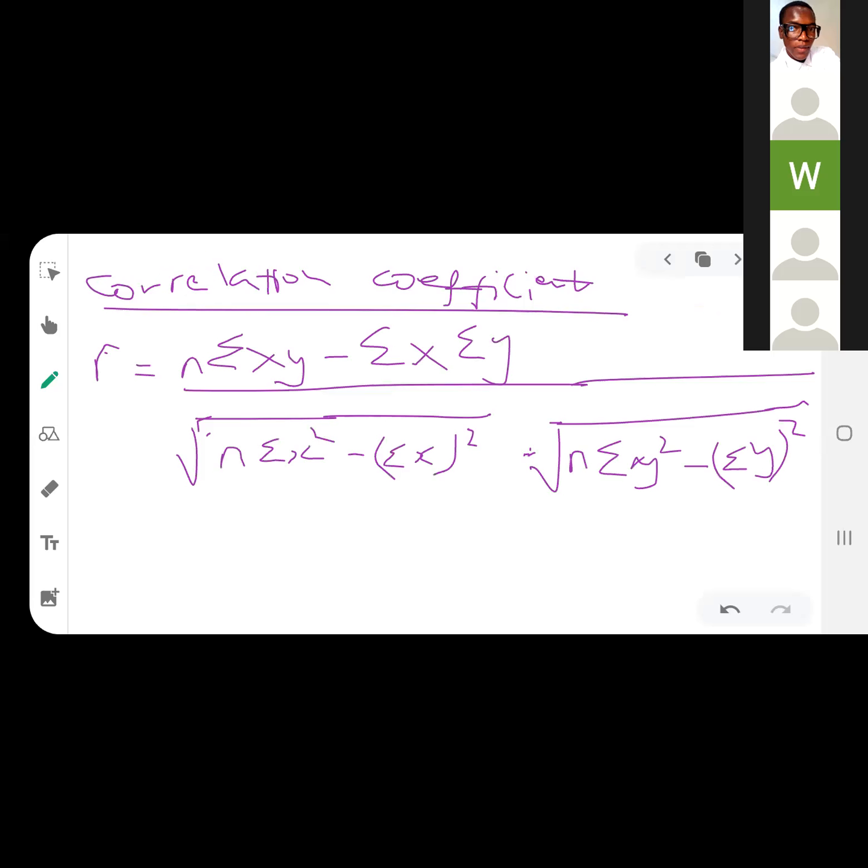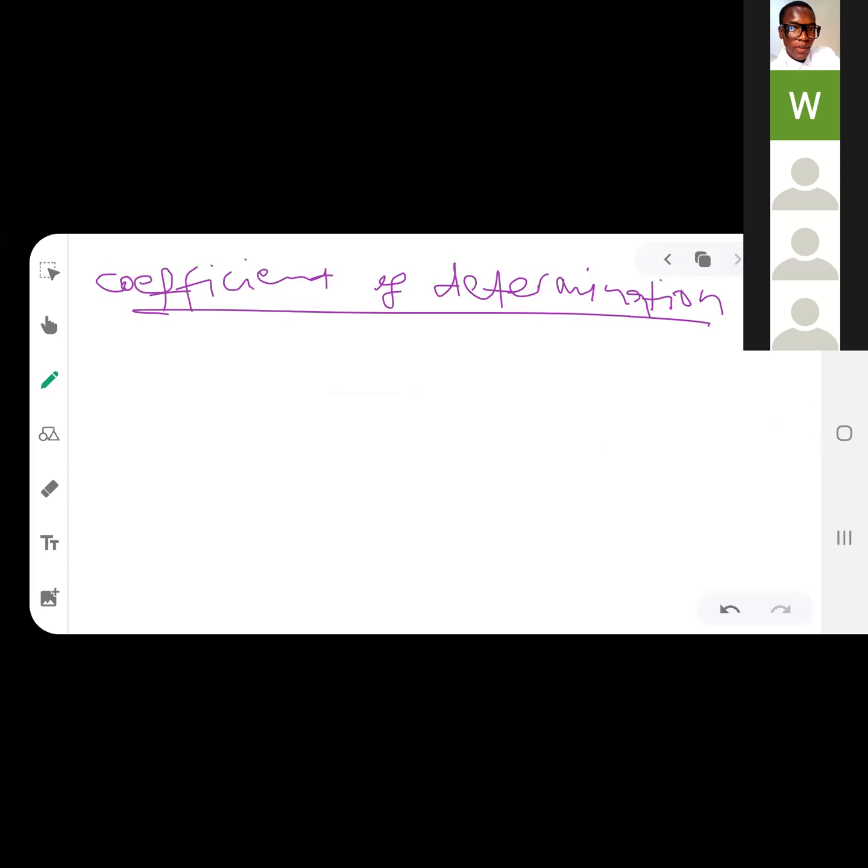If you check, correlation has relation, meaning that it looks at the relationship because of the word relation. Whereas the coefficient of determination determines something. So it is the value that is used to determine something, and it is denoted by capital letter R squared.